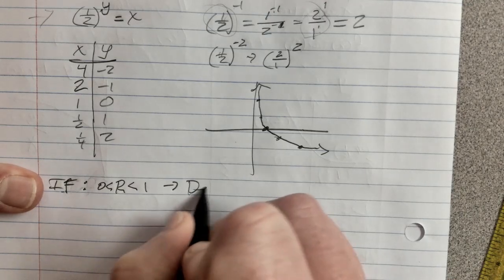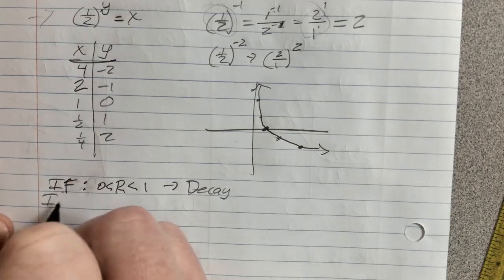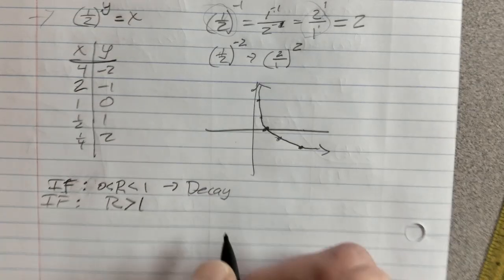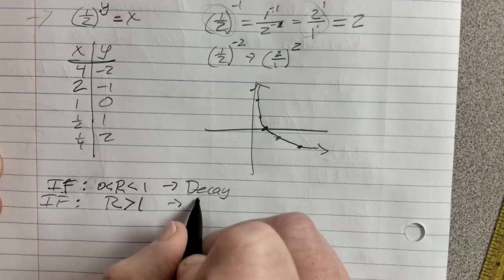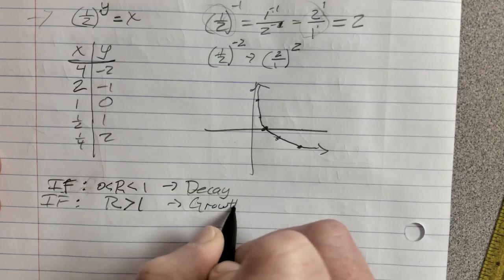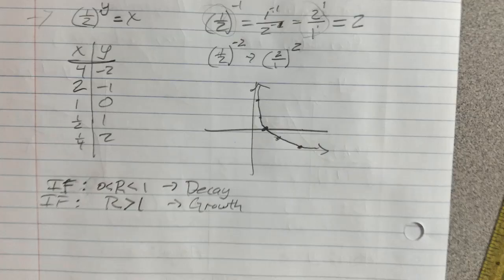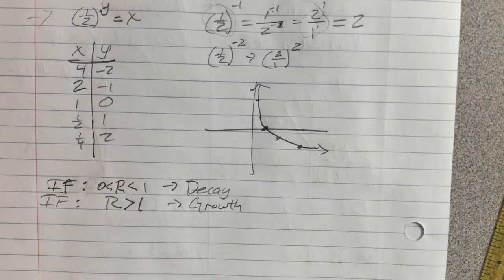That is a decay. And if I have an r value greater than 1, what do we have? That's right. That right there, muy importante. And that is Spanish for somewhat important.